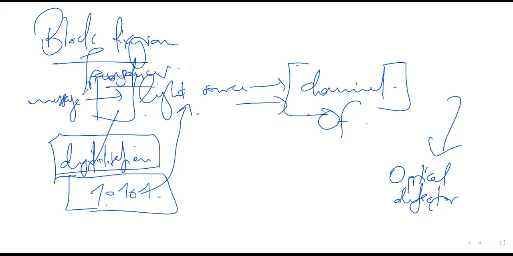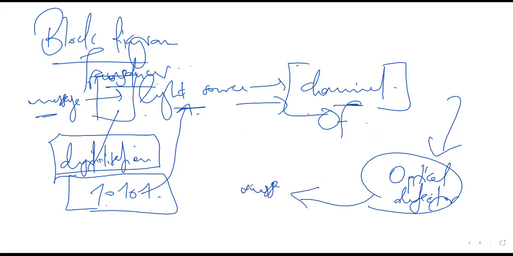So block diagram, in the exam, that is definitely 6 marks. What you need to know: a message, a light source, a channel, an optical detector, then you have a message at the receiver. This is the transmission, and we have the receiver on the other side. Detail is up to you.